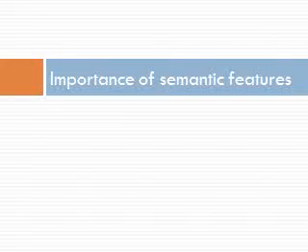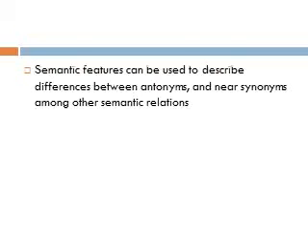So let's further discuss the importance of semantic features. We did discuss before that semantic feature analysis helps us decompose the meaning of nouns into bundles of attributes. So semantic features also help us understand the difference between antonyms and near synonyms among other semantic relations.